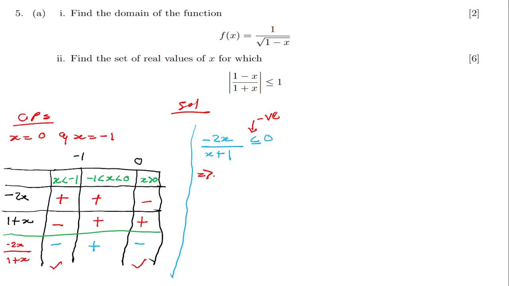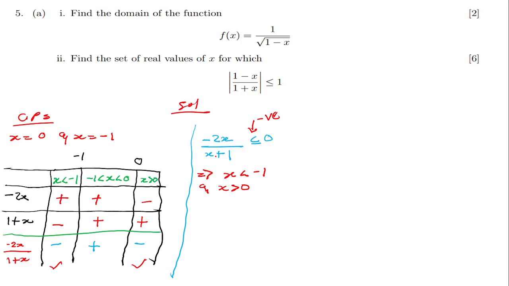Before you put an equal to, there is this equal to. You need to see if it is capable of suiting the domain. When you get -1 and put it there, the denominator is going to be 0. Since it's going to be 0 down, you don't have to put an equal to on this one. But if you put a 0 there on top, it will be 0 for the numerator, which is not a problem.